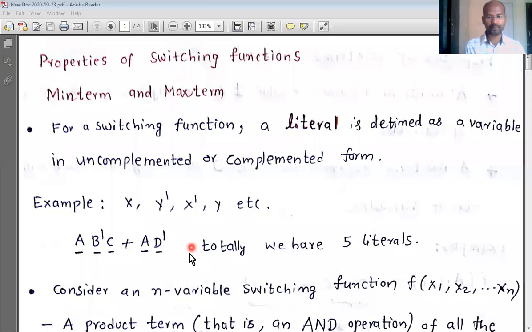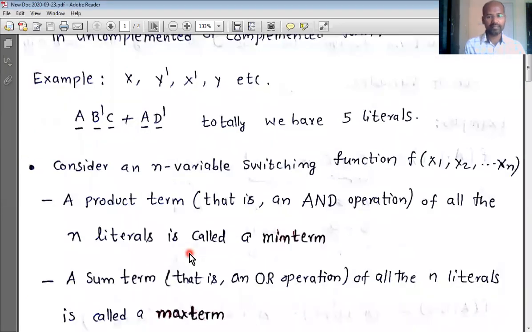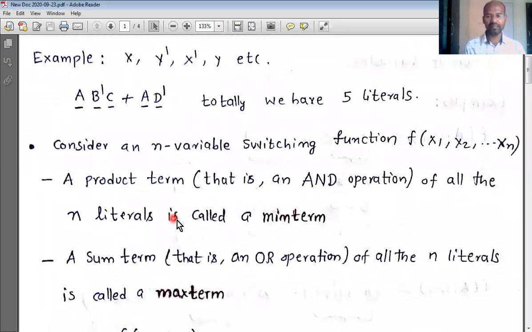Now let's see. In these two steps, we define minterm and also maxterm. Consider an n variable switching function. This is how we represent the switching function. F of x1 comma x2 comma dash dash xn means f is a switching function that is using n Boolean variables. What are they? x1, x2 up to xn.